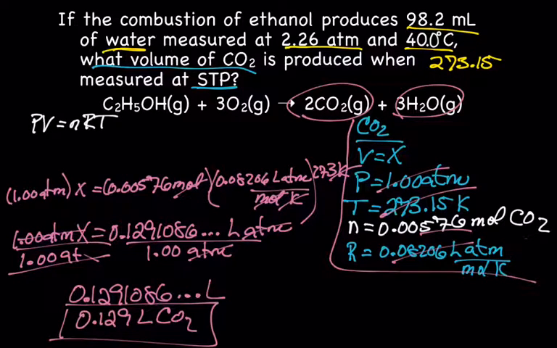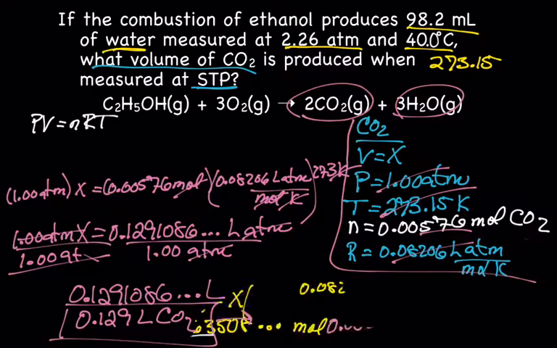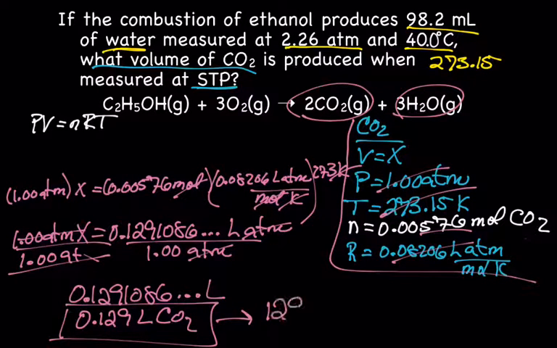So back to our original question. When the combustion of ethanol produces 98.2 milliliters of water, we end up with 0.129 liters of CO2, or if we want to stay consistent, it would be 129 milliliters of CO2.